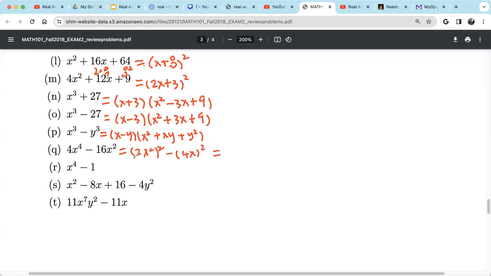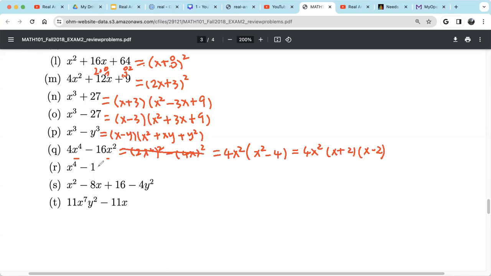Actually, x squared can be factored out. Or we can factor out 4x squared. Now let's factor out 4x squared, right? In that case, we don't have to do this. So let's factor out 4x squared first. Then we have x squared minus 4, right? Then x squared minus 4 is a difference of two squares. So that's x plus 2 times x minus 2.